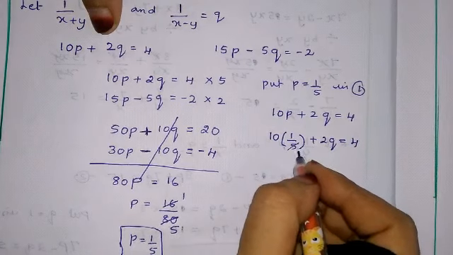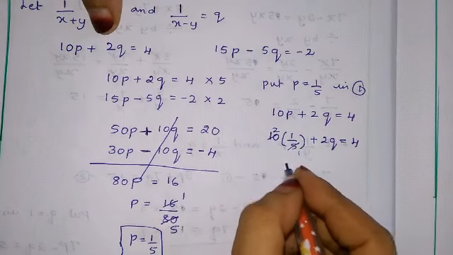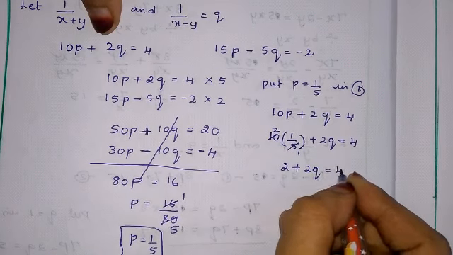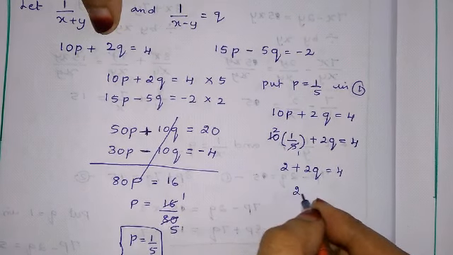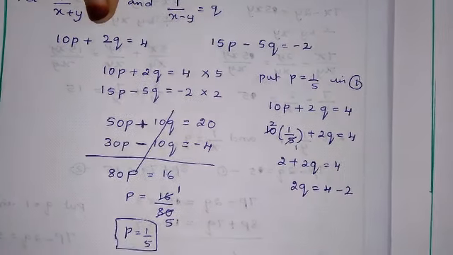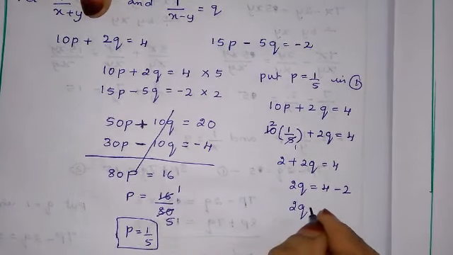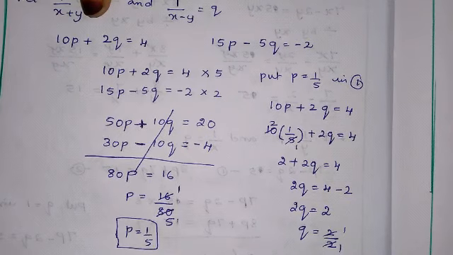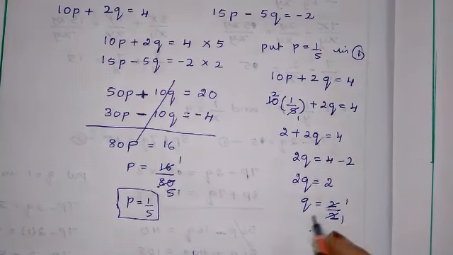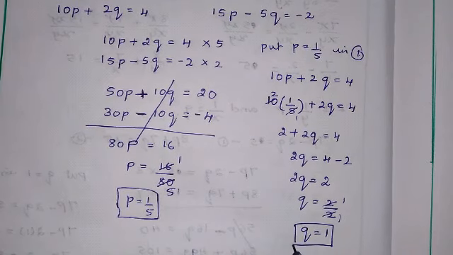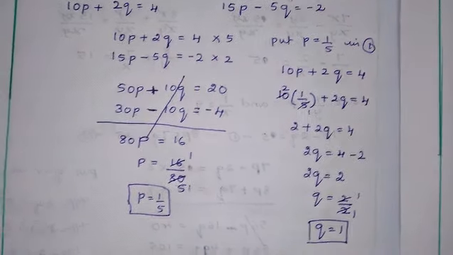Here we can cancel. 5 ones are 5, 5 twos are 10. 2 plus 2q is equal to 4. 2q is equal to 4 minus 2. 2q is equal to 4 minus 2 is 2. q is equal to 2 by 2. Get cancelled and q value what we get? 1.